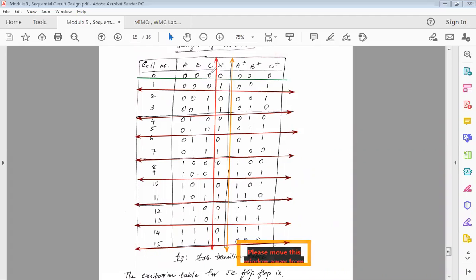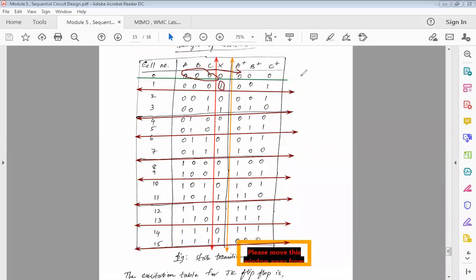So when my input is 0 and the clock is also low, it will stay back in the same state, which is 0. So this part understood. Now let us go to the next state. It is going to a high value.